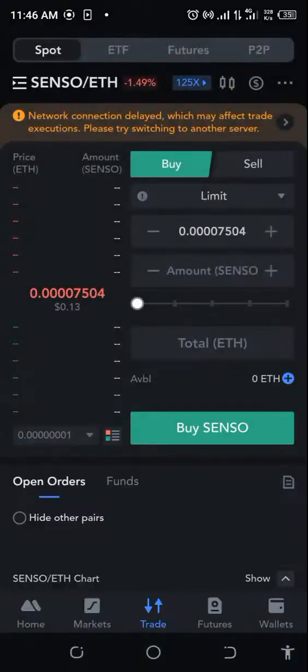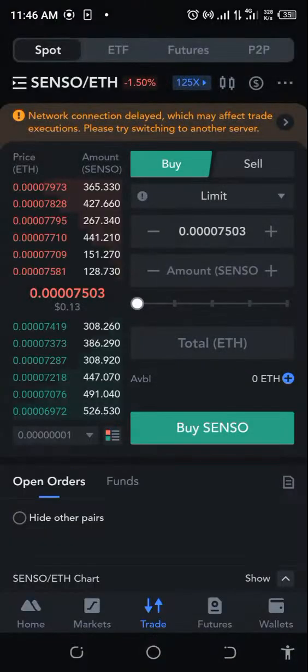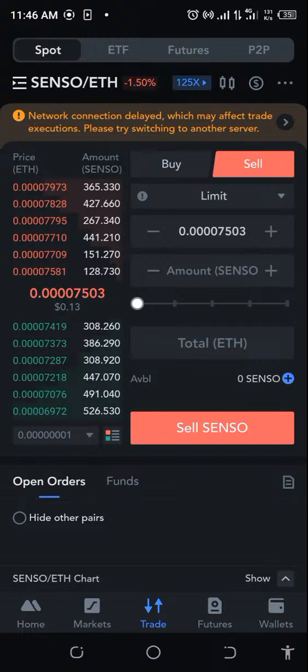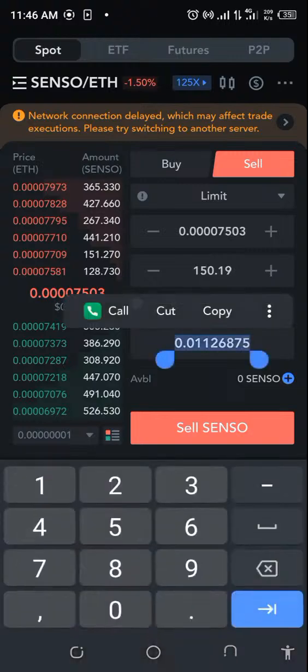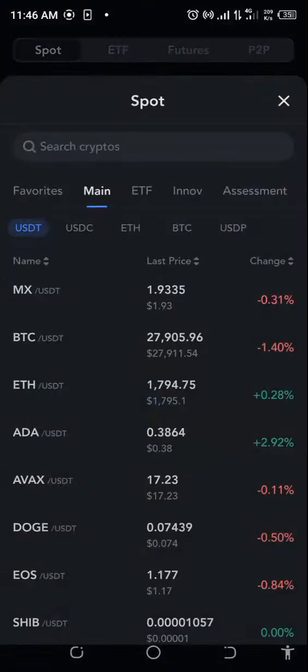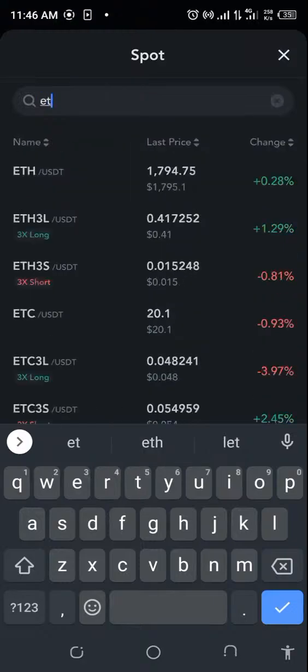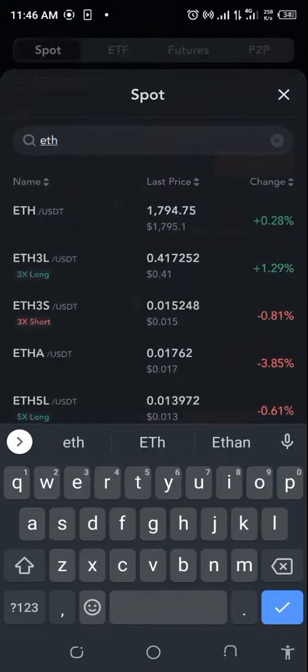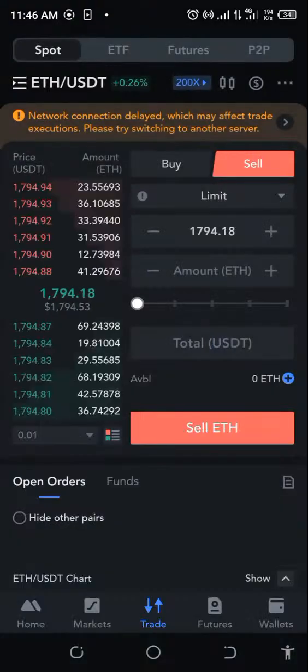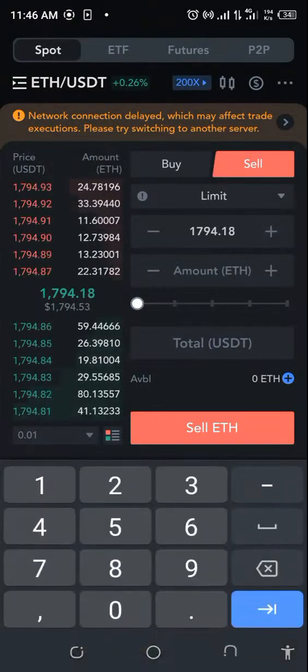Senso ETH is supposed to give us what? Okay, so we're supposed to sell to Senso ETH. Let's just try this out. Then we'll copy that out and go and check it. And then we'll sell ETH to USDT. Let's see whether this is going to work.